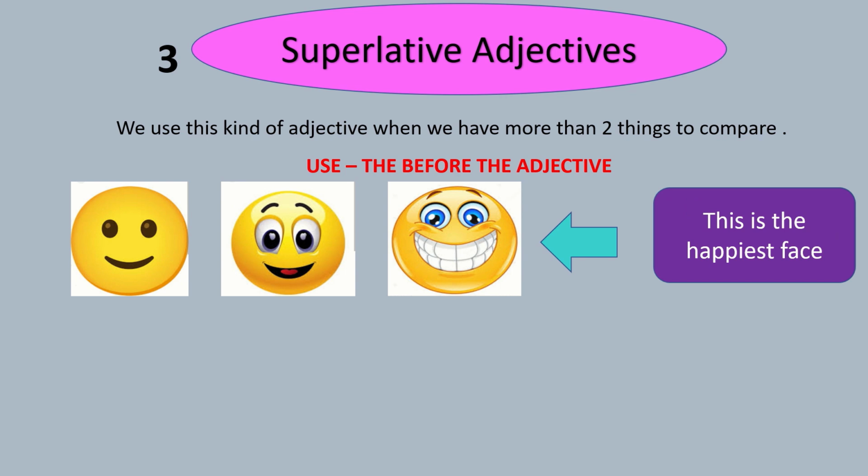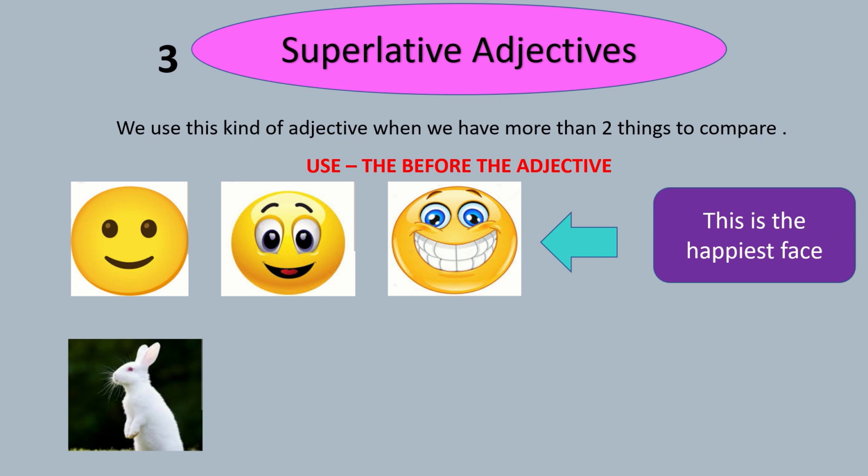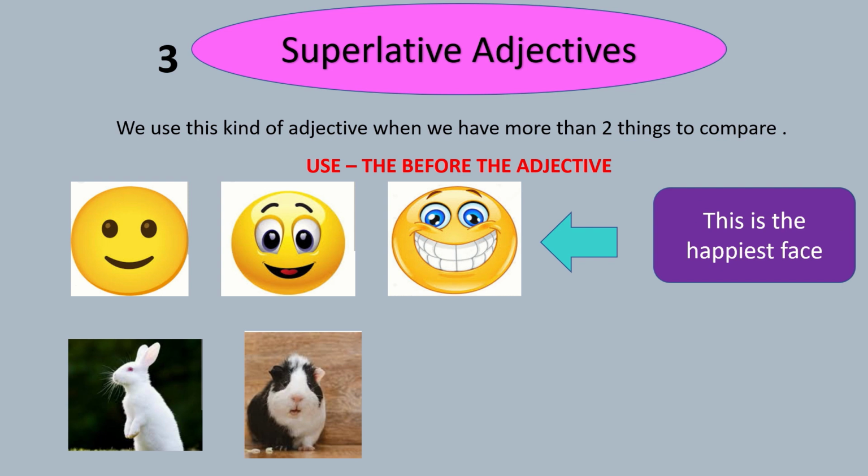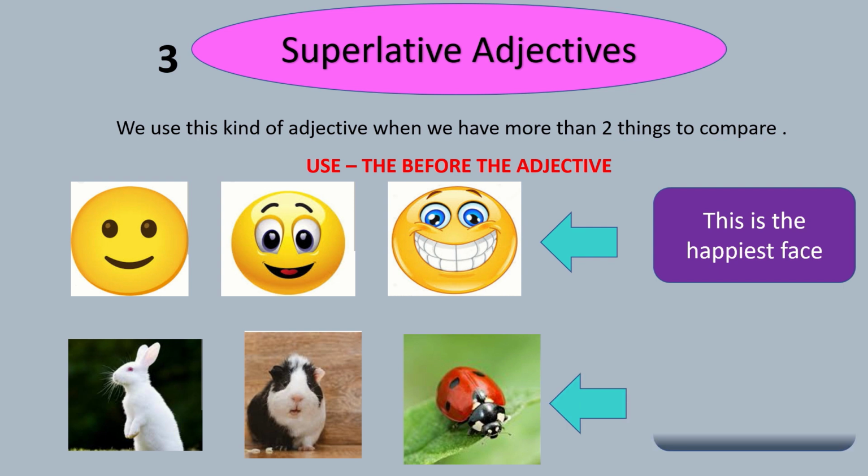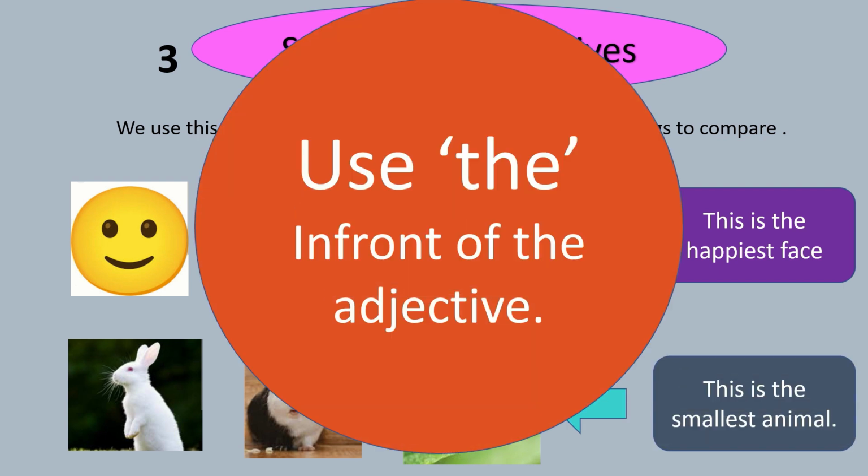So you can see I've used the word the before the word happiest. This is a rabbit, a small animal, and this is a hamster, a smaller animal, but this ladybug is the smallest animal. Remember to use the word the in front of the adjective.